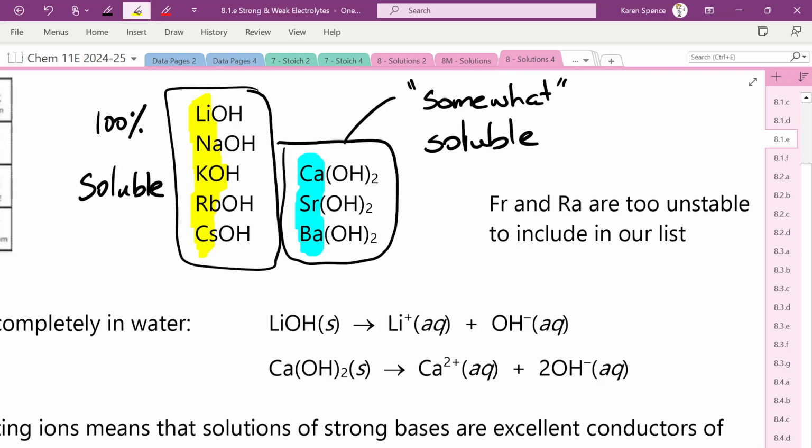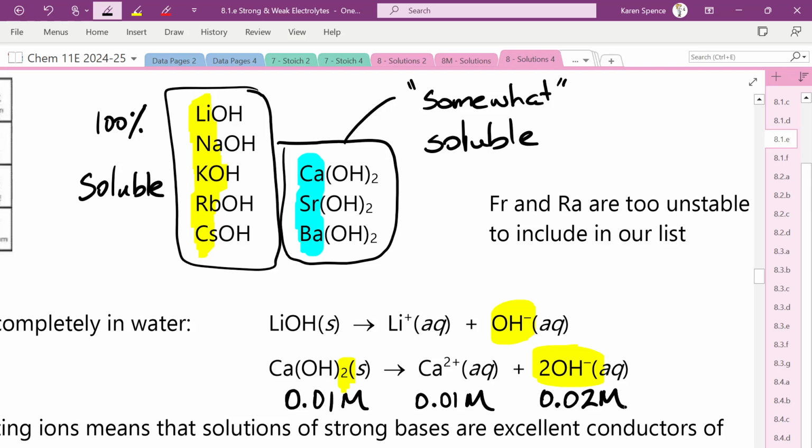So you end up with LiOH, and if you have Ca(OH)2, you will end up with 2 OH. So with calcium hydroxide, I can't make a super concentrated solution, but maybe I can make a 0.01 molar solution, which means calcium would be 0.01 molar, and hydroxide would be 0.02 molar.